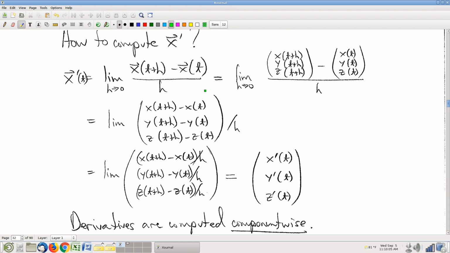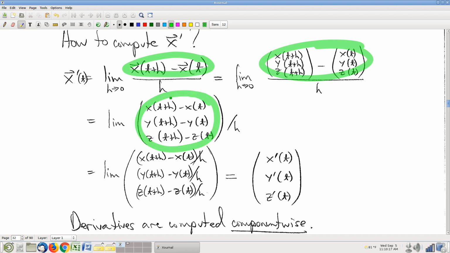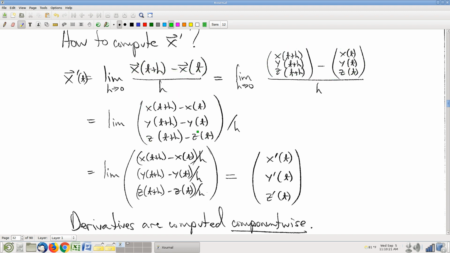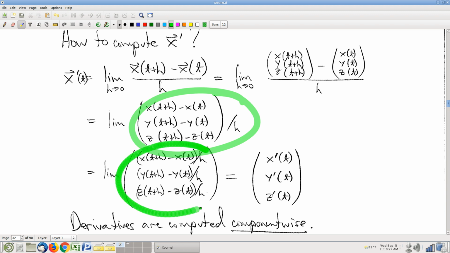But I want you all to see why this is true. This is true because of arguments that we can totally write down. This difference is computed one component at a time. That's how you subtract vectors. This fraction, how do you divide a vector by a scalar? Do that one component at a time, right?